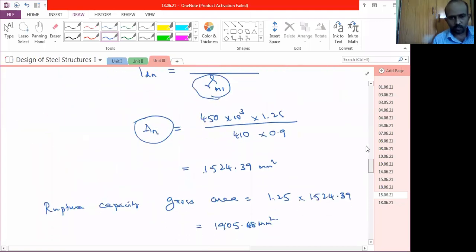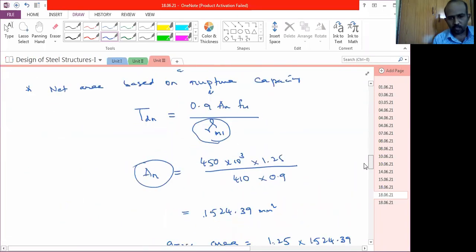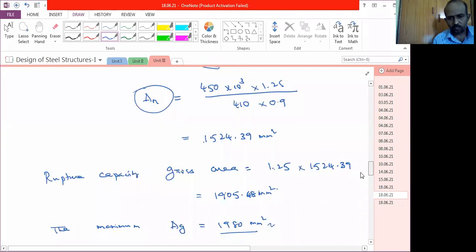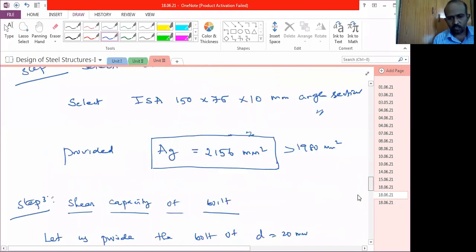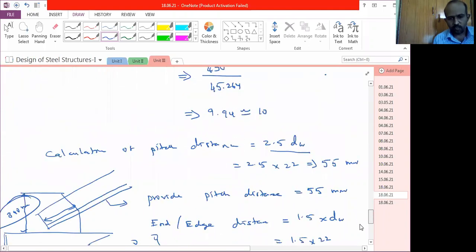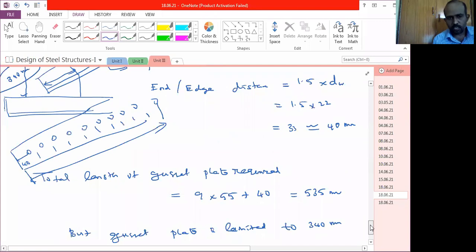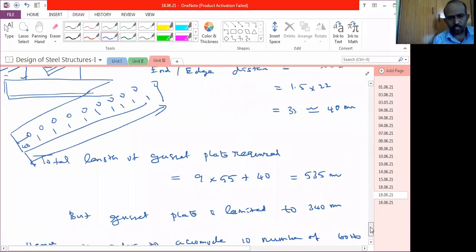We initially calculated the gross area. Based on the gross area, we selected one section, calculated one bolt strength, and the number of bolts required is 10. We calculated the pitch distance approximately. We provide 55 mm; if you want you can provide 60 mm also. And edge and end distance we provide 40 mm.